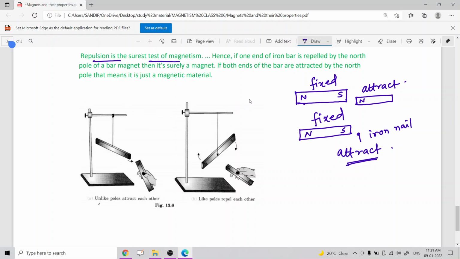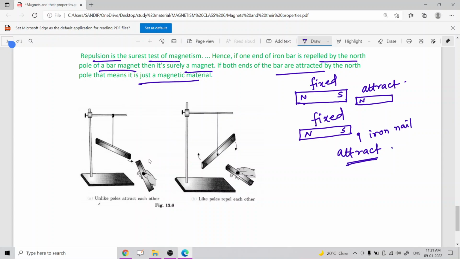If one end of an iron bar is repelled by the north pole of a bar magnet, then it is surely a magnet. If both ends of a bar are attracted by the north pole, then it is just a magnetic material. Here these are the figures.